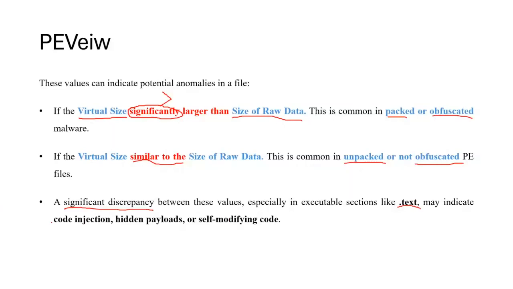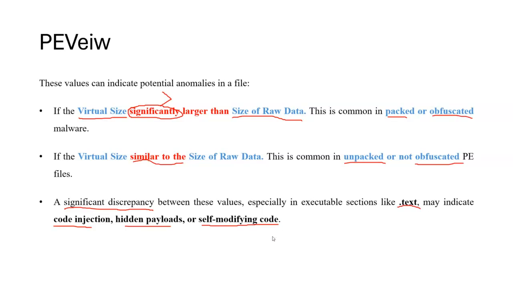This may indicate code injection, hidden payloads, or self-modifying code. So if you have discrepancies, especially in the text section, maybe code is being injected in it, or a hidden payload, or self-modifying code.